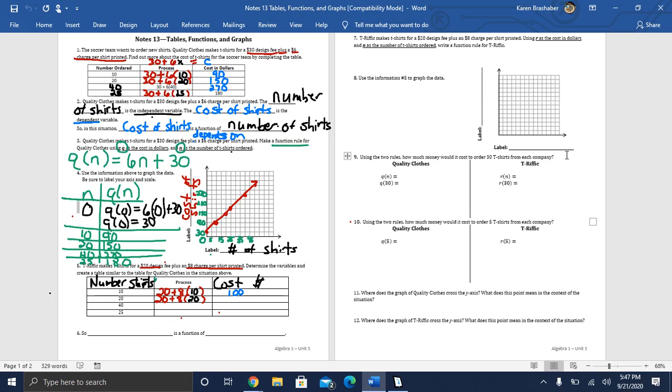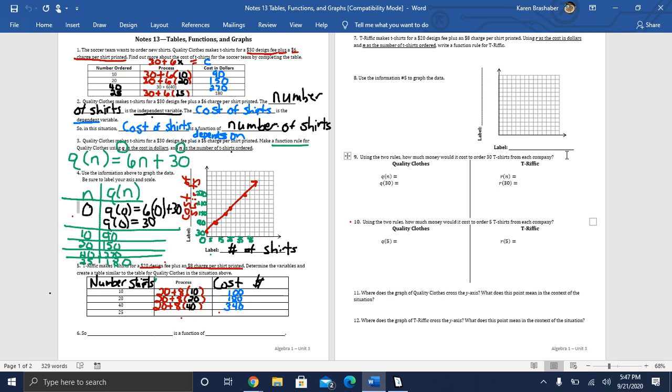And then we could do 8 times 20 is 160 plus 20. That gives you a total cost of 180. And we'll continue on with filling in this table. So 20 plus 8 times, and then our number of shirts changes to 40. And so your total cost there would be 340. Again, you could use a calculator for this as needed.